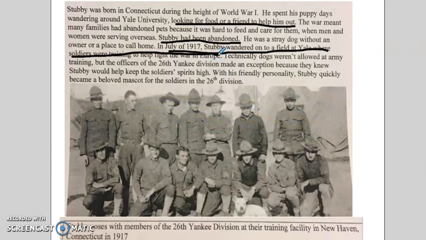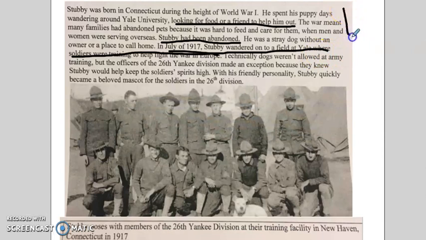Technically, dogs weren't allowed at army training, but the soldiers of the 26th Yankee Division made an exception because they knew Stubby would help keep the soldiers' spirits high with his friendly personality. Stubby quickly became a beloved mascot for the soldiers in the 26th Division.